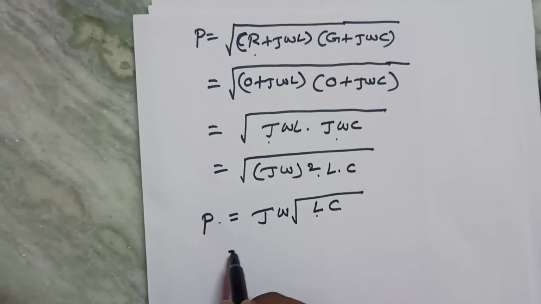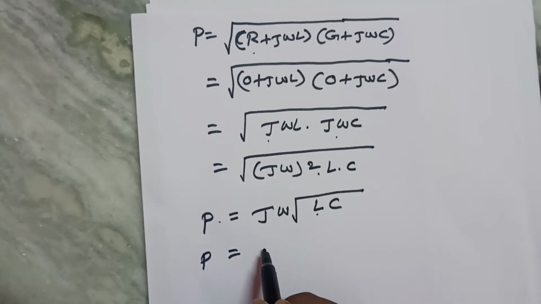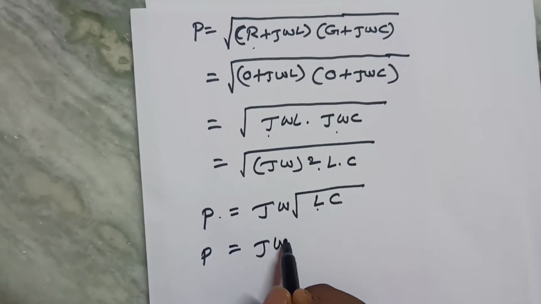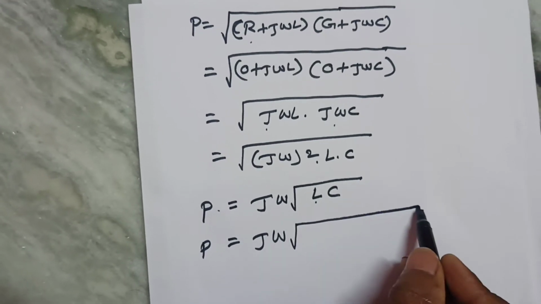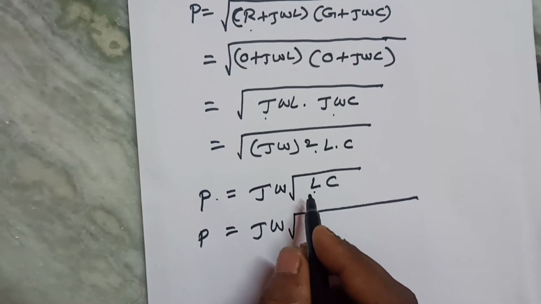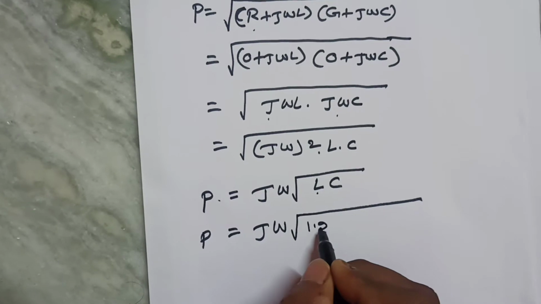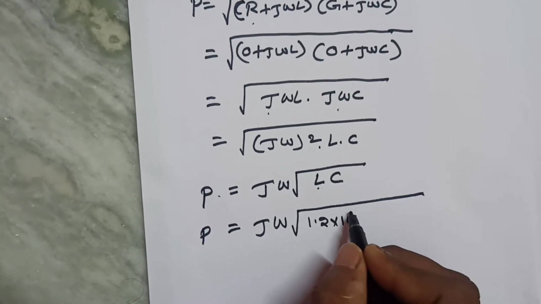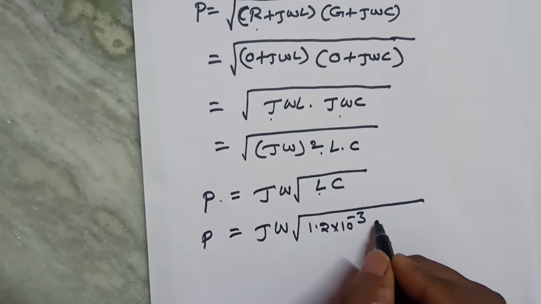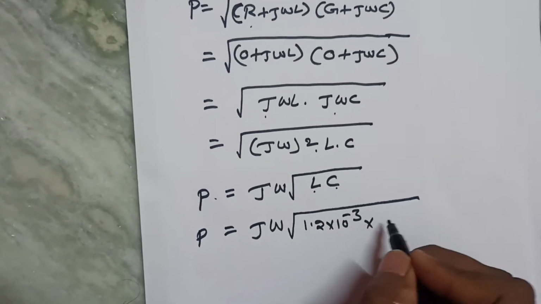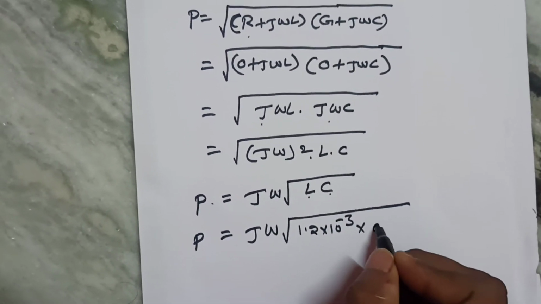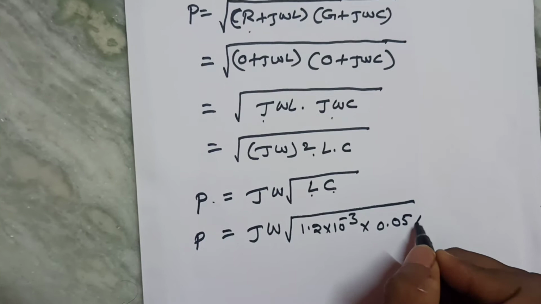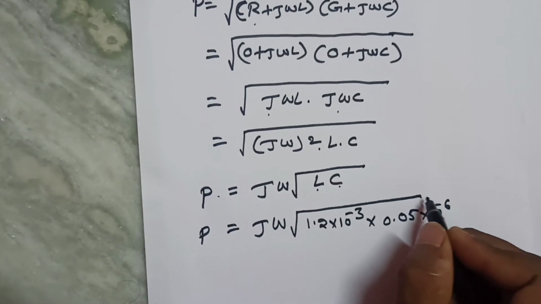Then the propagation constant P is equal to jω into square root of L value, which is 1.2 into 10 power minus 3, into C value, which is 0.05 into 10 power minus 6.